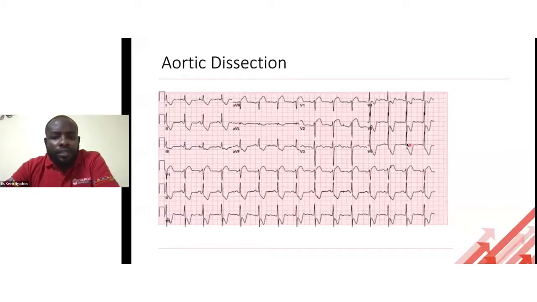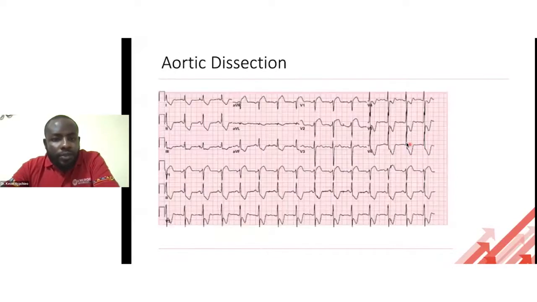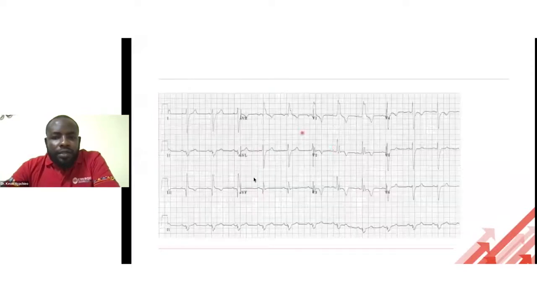Aortic dissection. Somebody is asking, display the previous slide, the Takotsubo. Yeah, it is. The ischemic chest pain, you have ECG changes, cardiac enzymes may or may not be elevated. Echocardiography will show wall changes. Takotsubo. Aortic dissection, tumemalizana nayo.